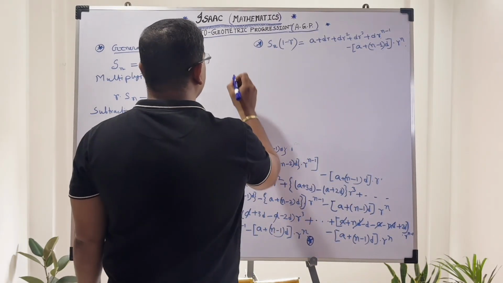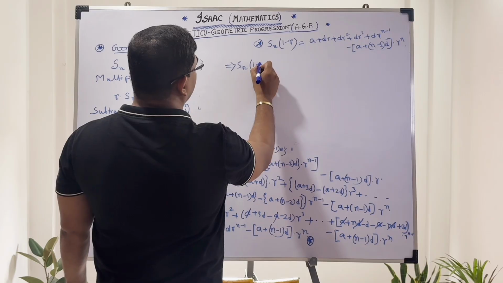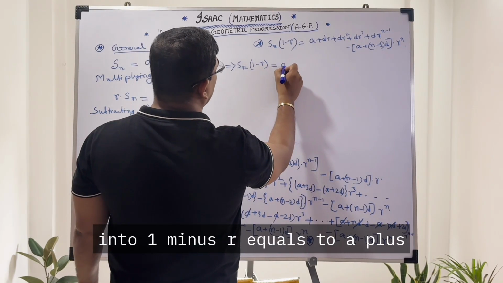Okay. So this implies Sn into 1 minus r equals to a plus.